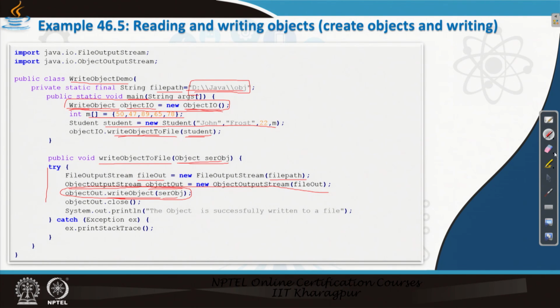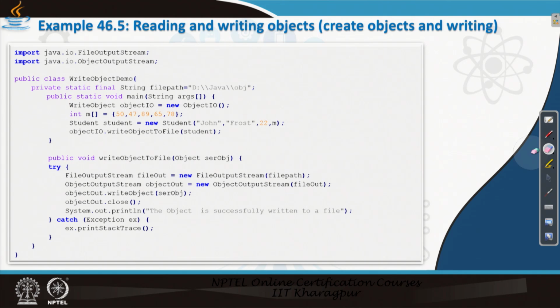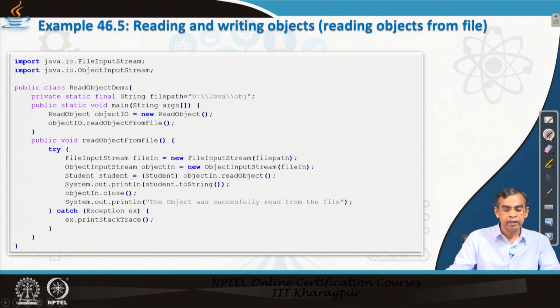Now, we can consider the next part of the program, where we read the object which is already stored in the file. So, this is the next part of the program, reading the object from the file. It is the program read object demo, and here we just create object IO, the new read object.